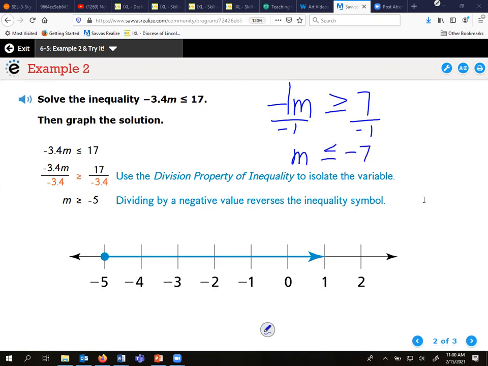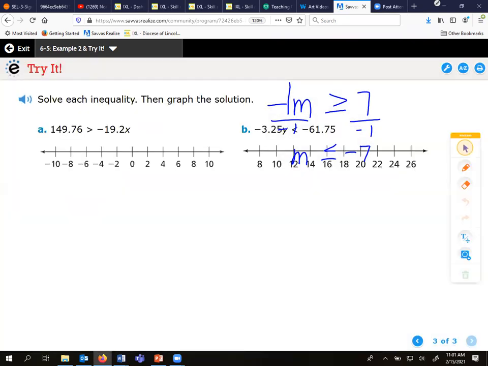This became positive, this flipped around, and this became negative. So if a negative m is greater than or equal to 7, a positive m is less than or equal to negative 7.